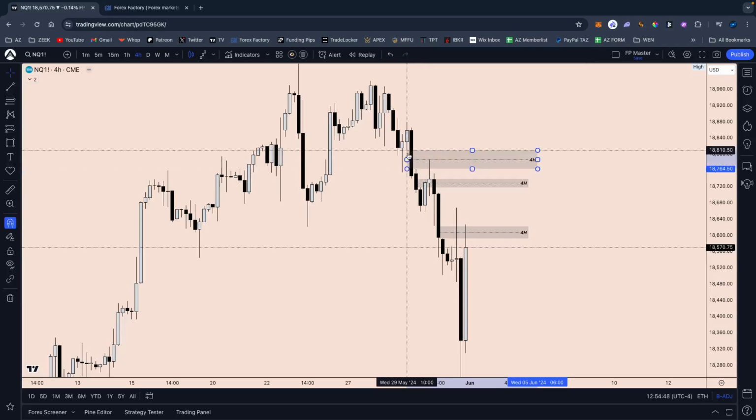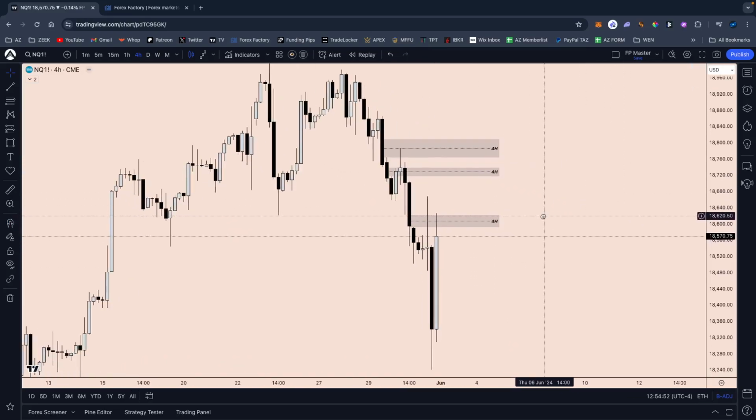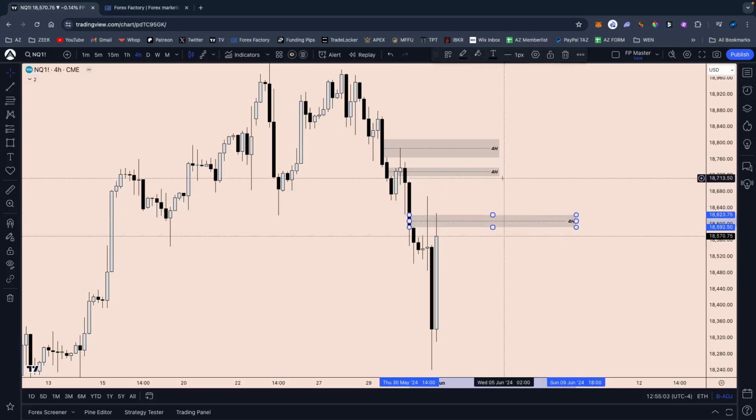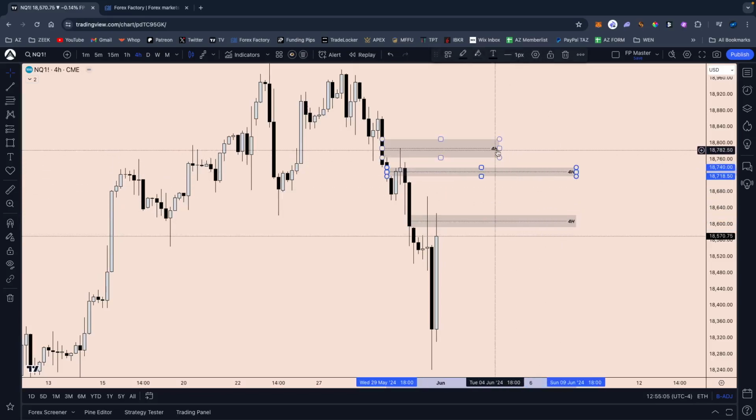Starting on the 4-hour time frame. Let's expand that over to, this is Monday, Tuesday, Wednesday, Thursday, Friday, end of Friday. Let's see, end of next week.